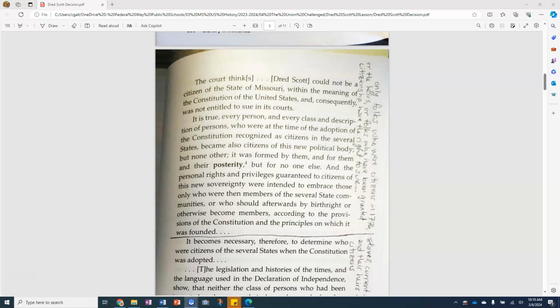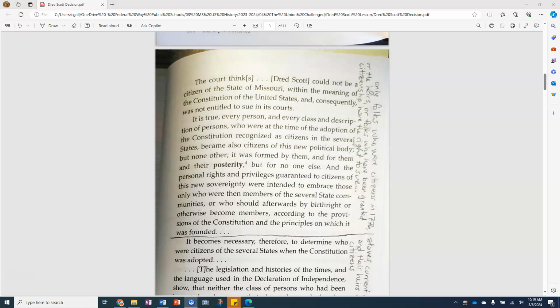It was formed by them and for their posterity, but for no one else. And the personal rights and privileges guaranteed to citizens of this new sovereignty were intended to embrace those only who were then members of the several state communities, or who should afterwards, by birthright or otherwise, become members, according to the provisions of the Constitution and the principles on which it was founded.